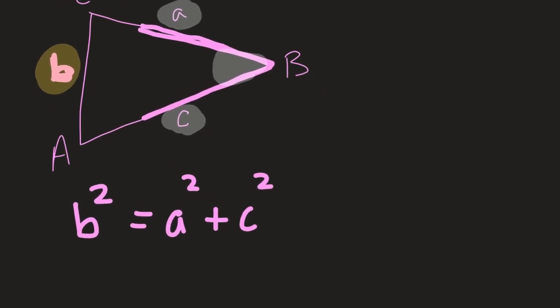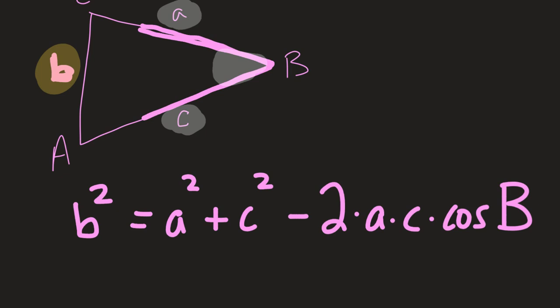B squared equals A squared plus C squared minus 2 times A times C times the cosine of angle B. So notice if we know angle B, we can calculate side B, right? If we knew angle A, we could calculate side A simply by switching the letters around. So that's if you want to find a side length and you know two other sides and the middle angle.